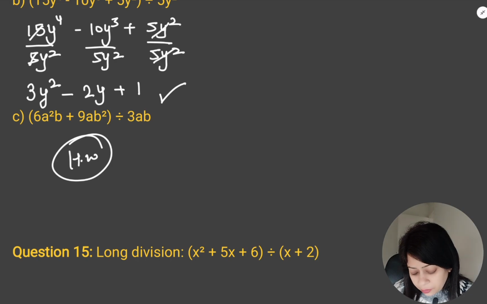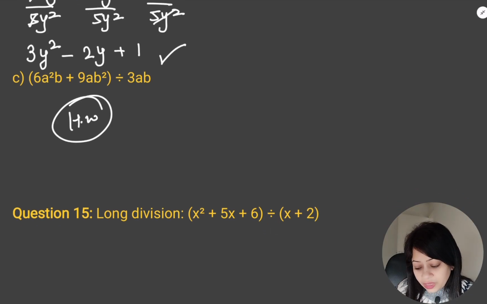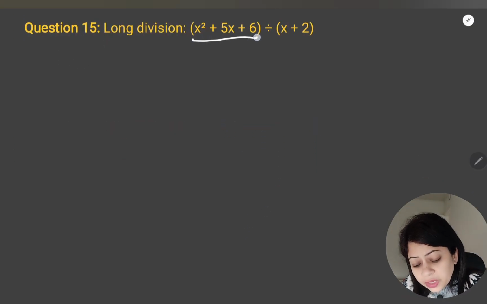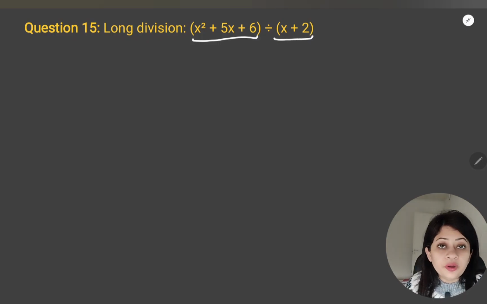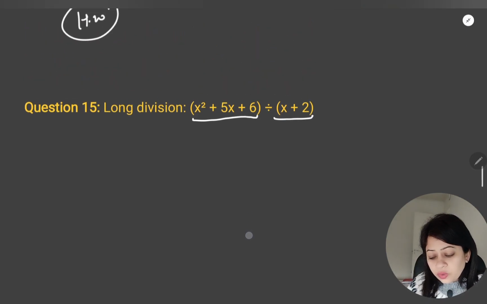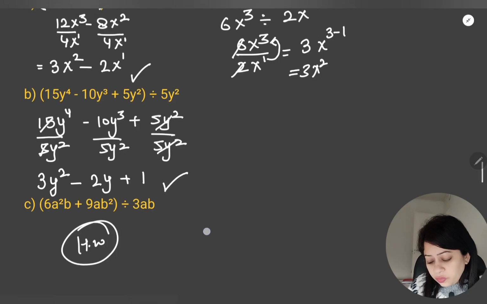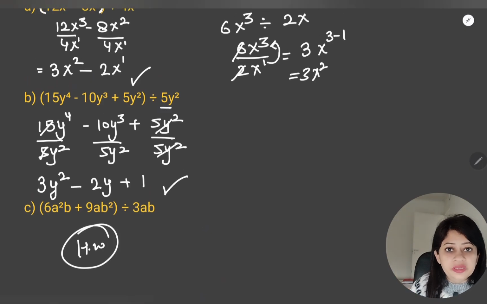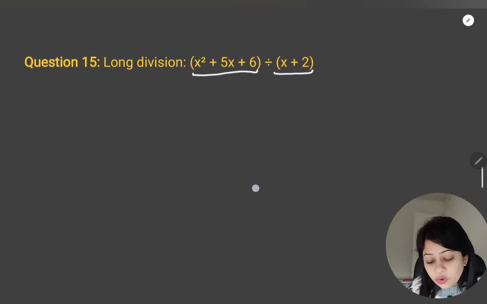Okay. Next we have the long division method. So now here we are actually dividing a trinomial with a binomial. Until now we were dividing a polynomial with a monomial. Now we are not dividing with a monomial.